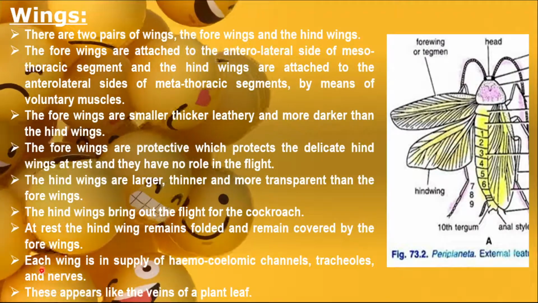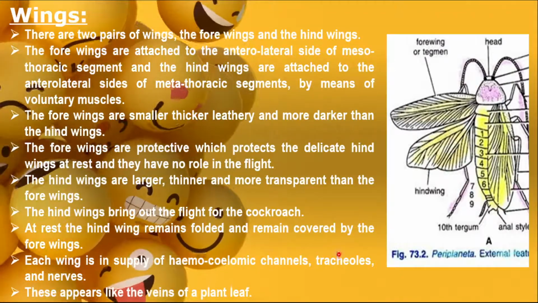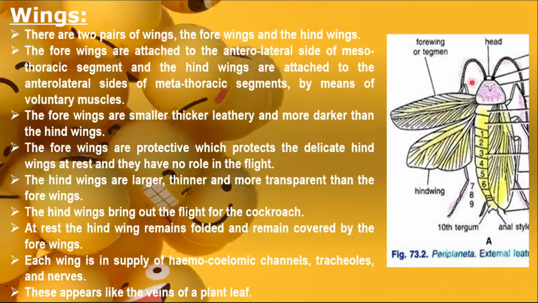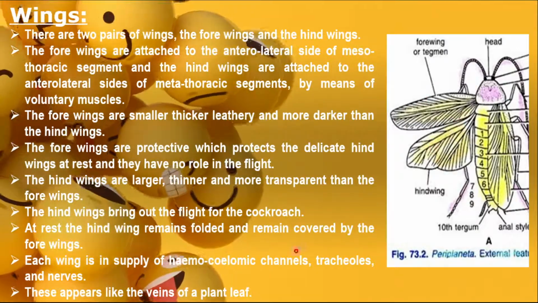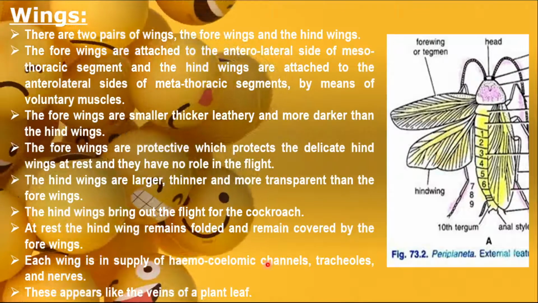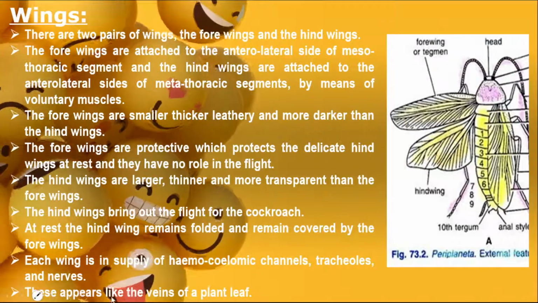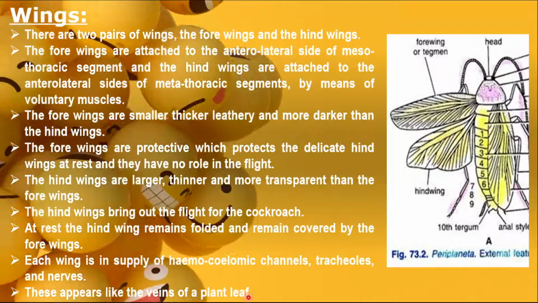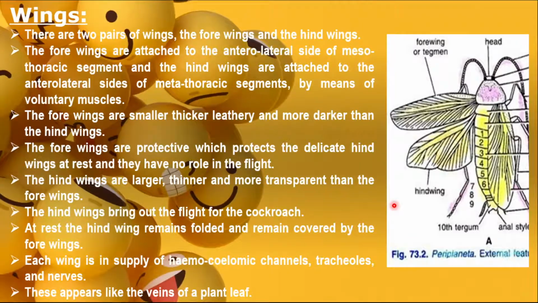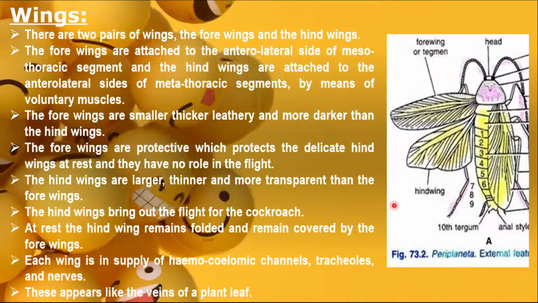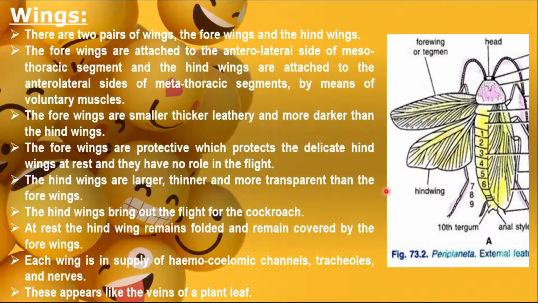So all these are present in the hind wings and in the forewings also. These appear like the veins of a plant leaf, like the venations in the leaf of a plant.